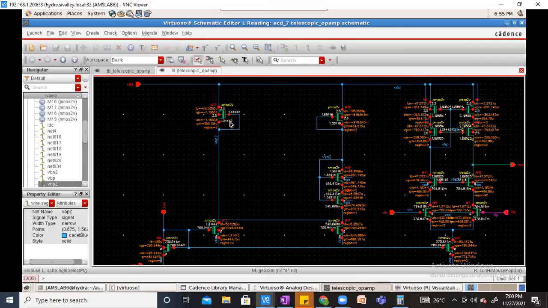And also, if you take the overdrive voltage relation with your current, if I pass the same current, your overdrive voltage will be 1/4, because it's a square law equation, right? Your current is related to VOV squared. So if I want to reduce the VOV, it should be 1/4. Basically, I want 2 overdrives here. So my basic length should be increased by 4 times to match the same current.